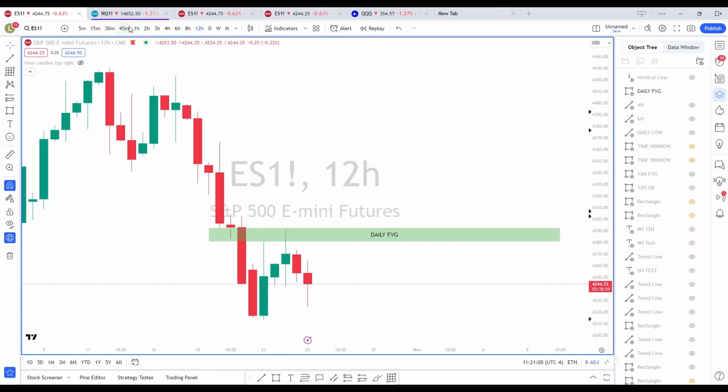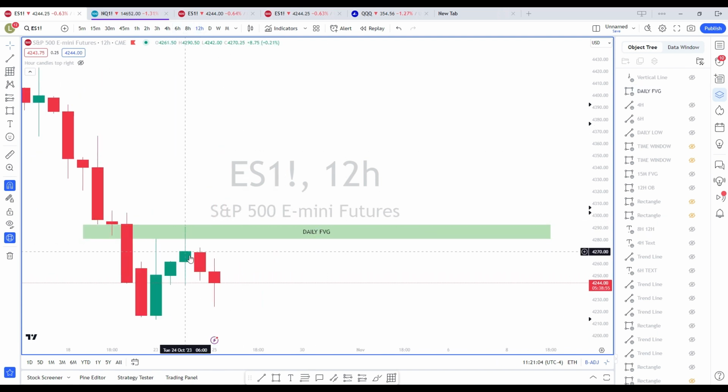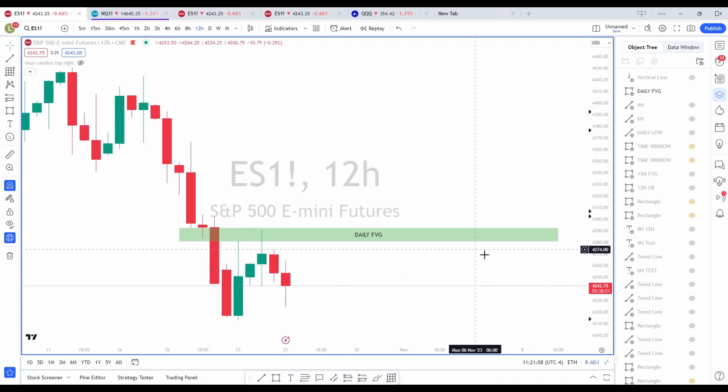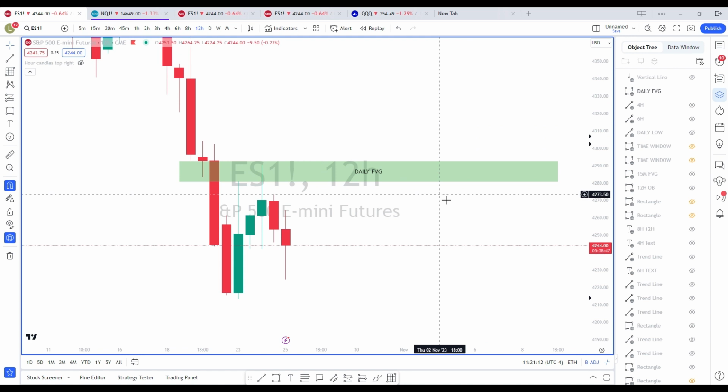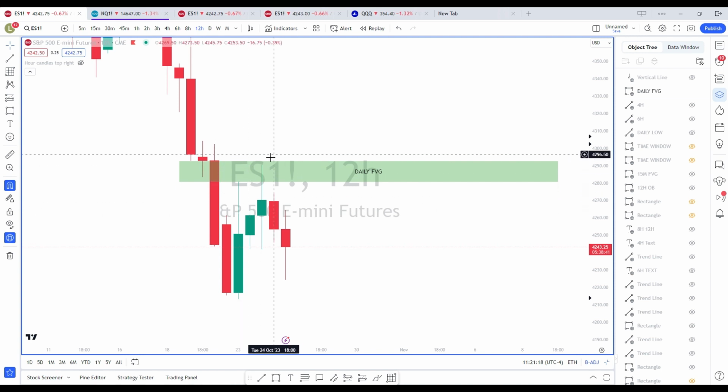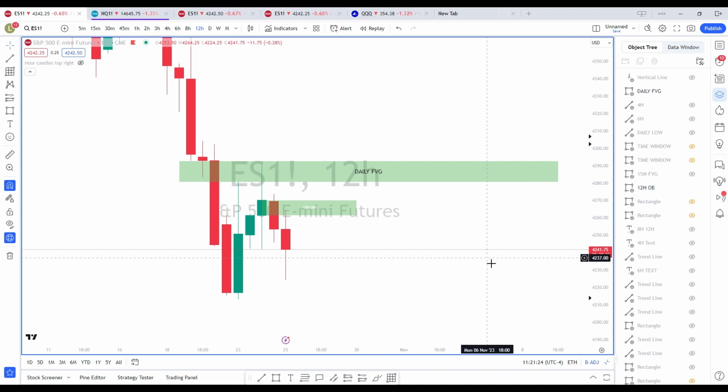First and foremost, what we see is a 12-hour order block right here. So this was my POI if the manipulation has happened beforehand. Did the manipulation happen beforehand? I think it did. I am considering this daily thing as manipulation. So this becomes a 12-hour order block, which is our POI, right?